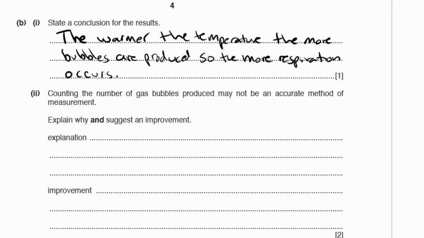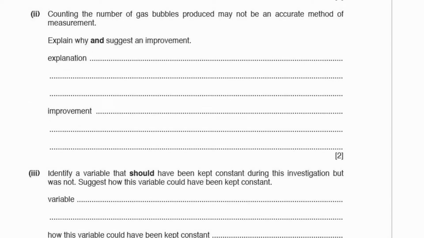One thing you have to be aware of, though, is you can't just talk about one of the situations. If you'd said the yeast in the warm water bath have lots of bubbles, you also have to say the yeast in the cold water bath have few bubbles. Okay, but here you're saying basically as it gets warmer, there are more bubbles. So you're kind of talking about both.